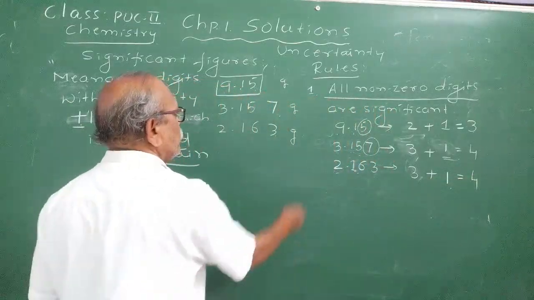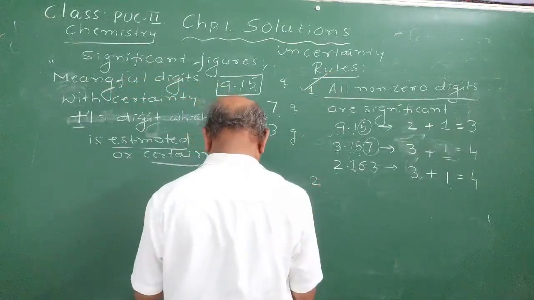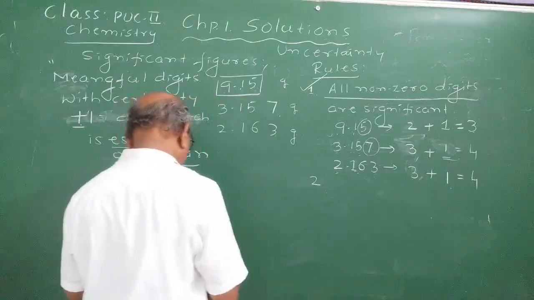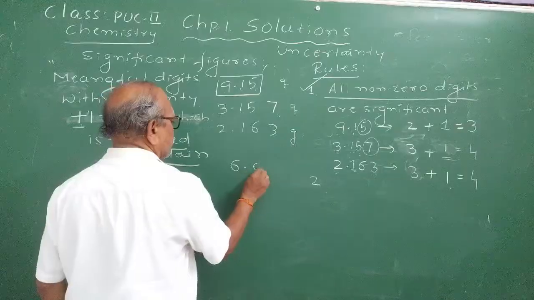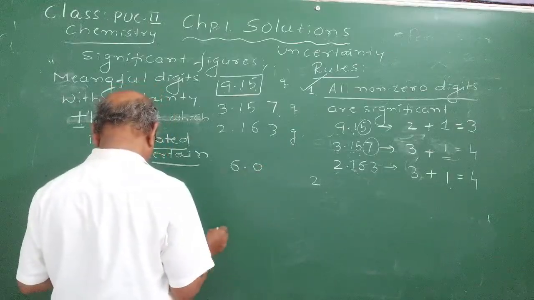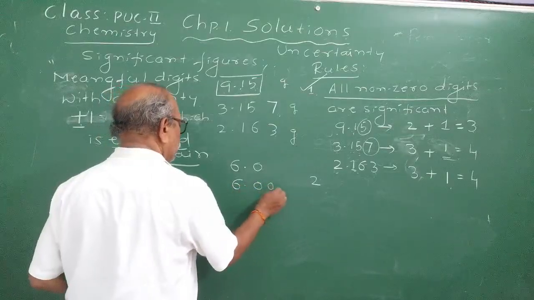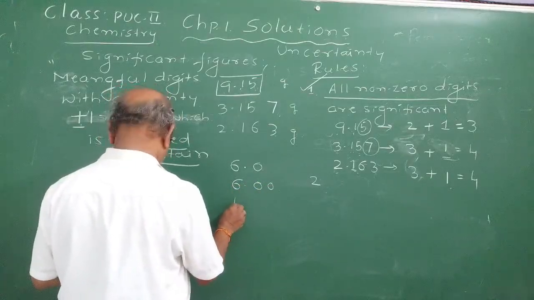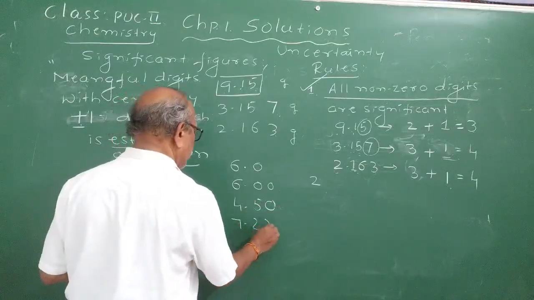I hope you understood the meaning of this law. The second one is zeros. Suppose that there are zeros to the right of the decimal number. Observe here 6.00, or 4.50, or 7.230.